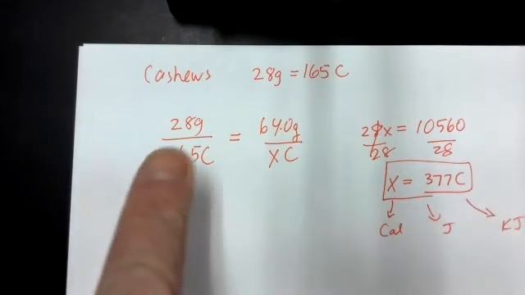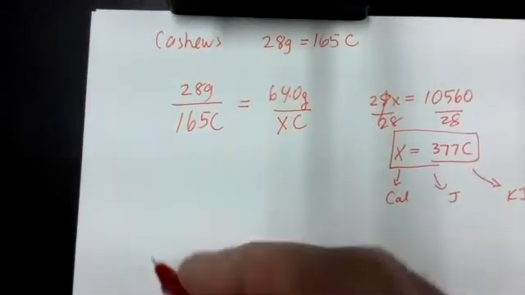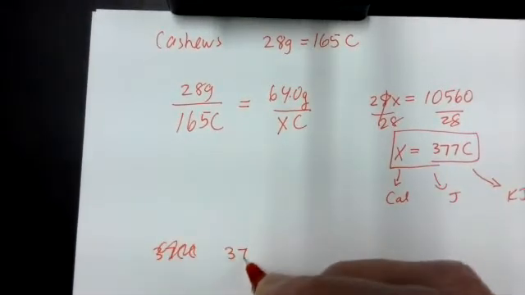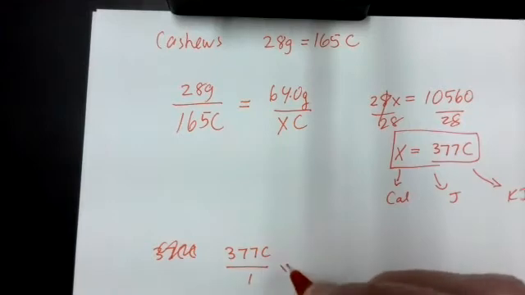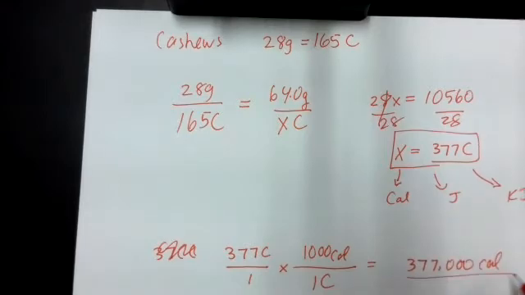So the question's not about this, the question is about this. So let's do this work. 377 calories. One food calorie is equal to 1,000 cals. 377,000 cals. That's our first answer.